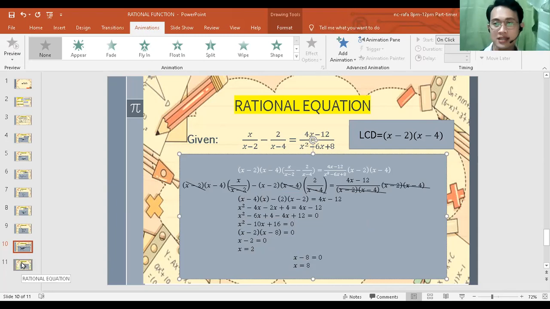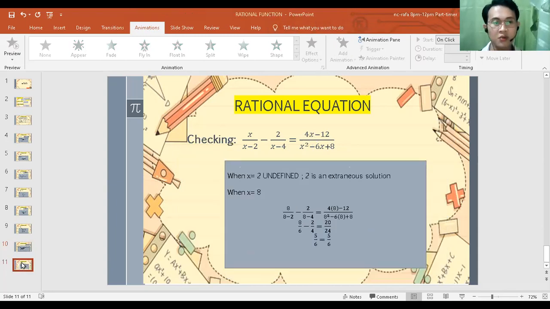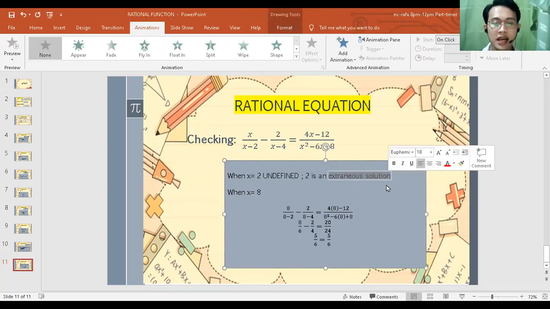After that, we substitute to see which value of x satisfies the equation. When x is equal to 2, it's undefined because 2 is an extraneous solution. Again, if a value of x does not satisfy the equation, we call it an extraneous solution.